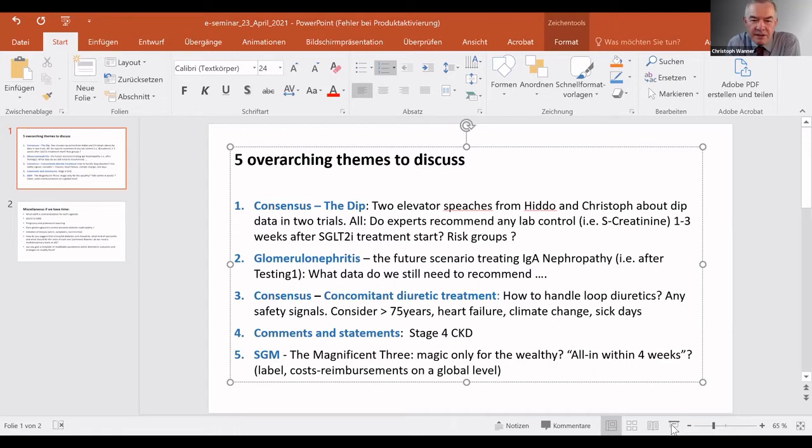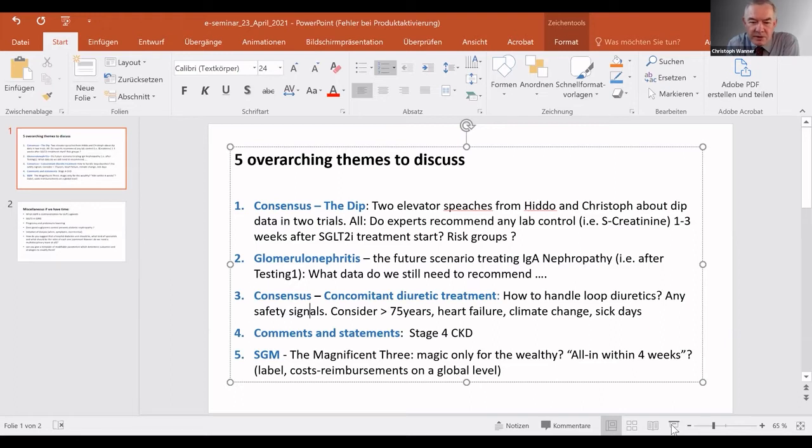Then the new data about glomerulonephritis, which emerged from Hiddo's DAPA-CKD trial, and we will discuss this. And then about diuretic treatment, 3 questions were embedded into the 17, and we need to discuss it in the elderly and heart failure patients, and Nico Marx is here to answer these specific questions, even on diuretic treatment.